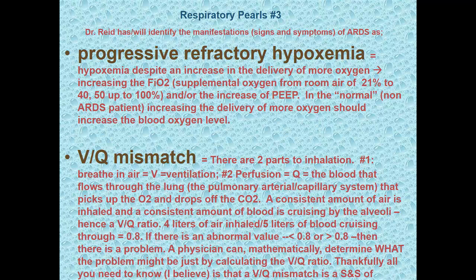So you've taken it up to 40 or 50 or even 100%, but the patient still is not improving their oxygen status in their blood. Well, that's known as refractory hypoxemia: no increase in the blood oxygen level despite the fact that you're increasing the supplemental oxygen.